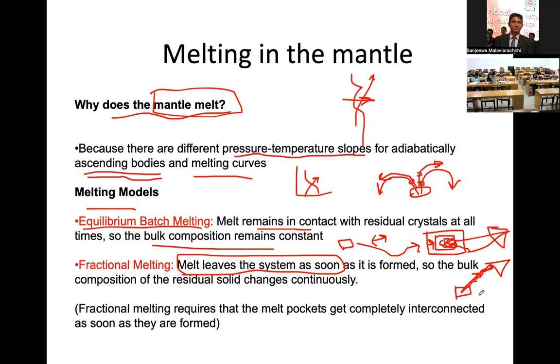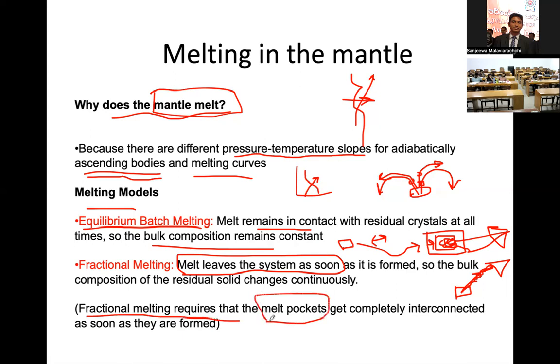There may be some such situations, but the majority of the melt escapes from the system as soon as it is formed. That means each and every drop will go away from the system as soon as the melt was formed. So this fractional melting requires some melt pockets.